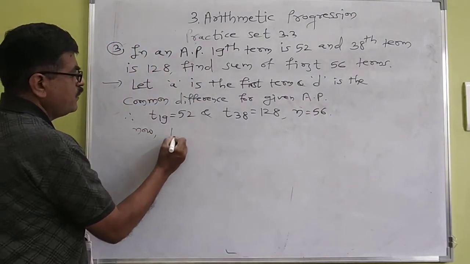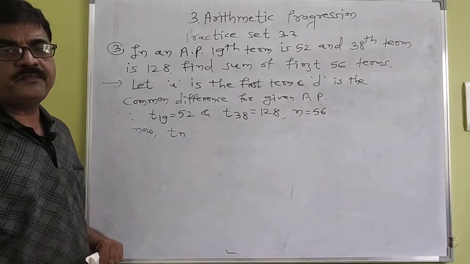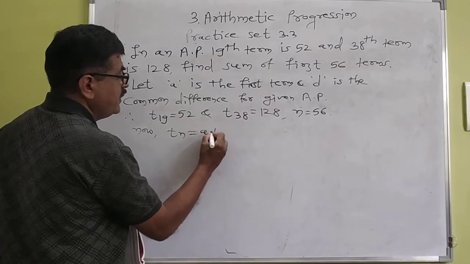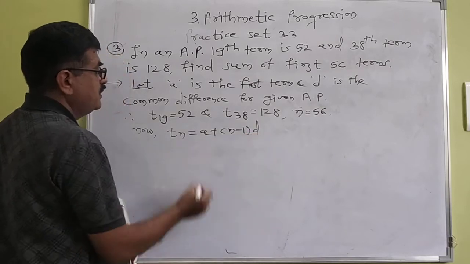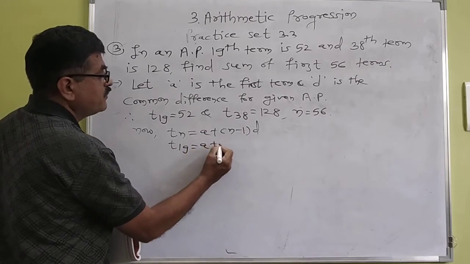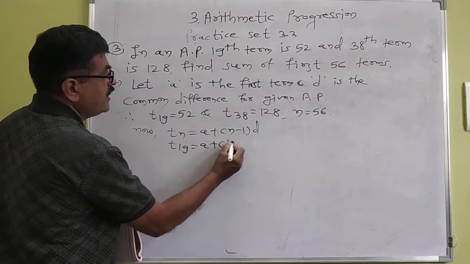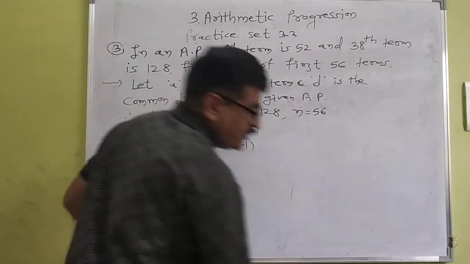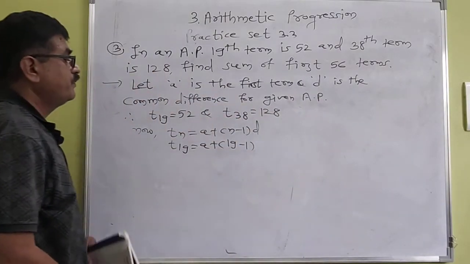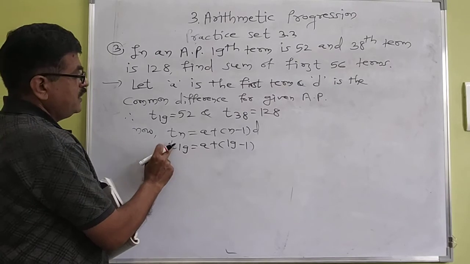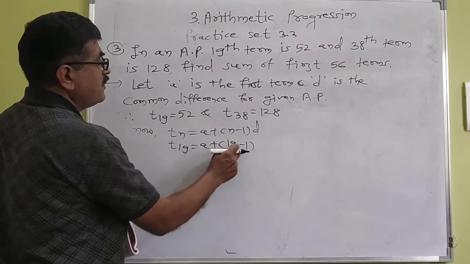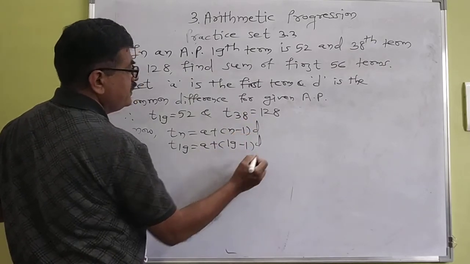Now write down the formula for the nth term. Tn is equal to a plus n minus 1 into d. Put the value of n as 19. T19 is equal to a plus 19 minus 1 into d.